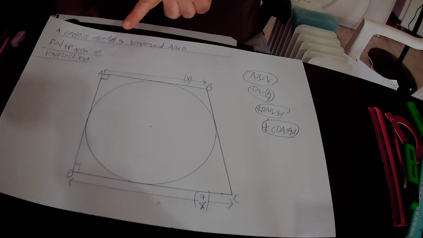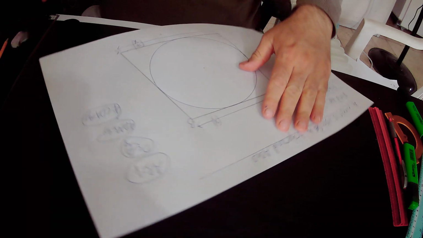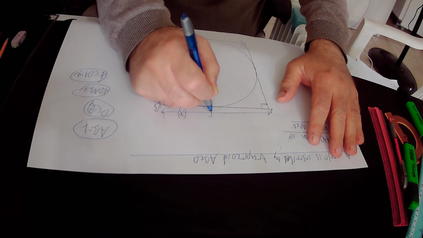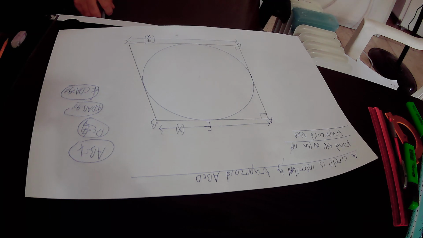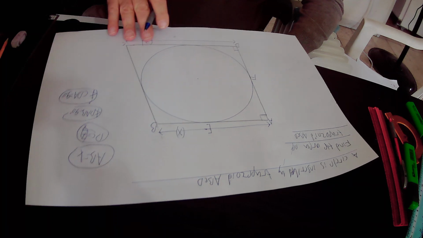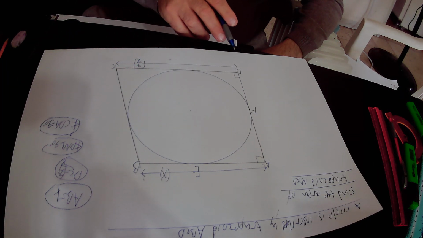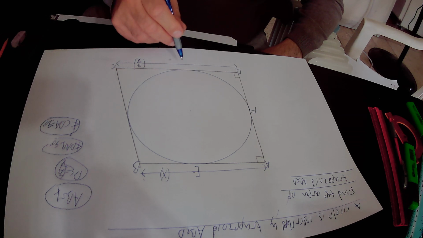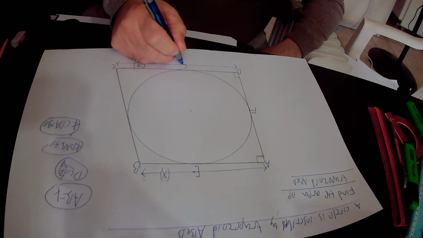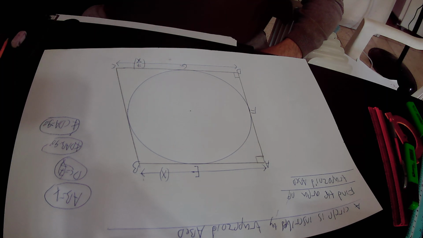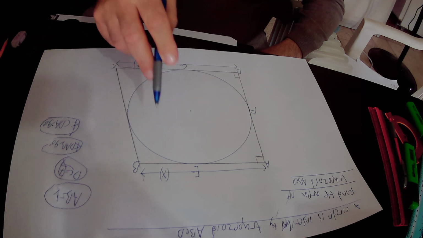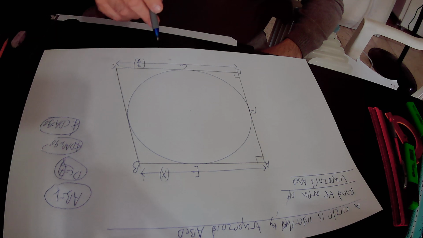That is to say, we will define the point of tangency of side AB, or tangent AB, with this circle, this point as E. Likewise, we will define the point of tangency of side AD, or tangent AD, with this circle, this point as F. We define the point of tangency of tangent DC, or side DC, with this circle, this point as G. And finally, we define the point of tangency of tangent BC, or side BC, with this circle as H.